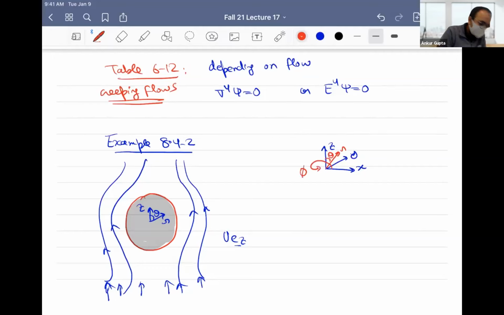Remember that if X is this, Y is in the plane, then phi is in the XY plane. If we have this, then this is the direction of phi, and this is the direction of theta. Just make sure that's clear in your mind. And the flow is happening in this direction, so it's only in the z direction.